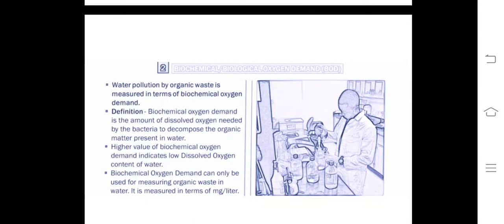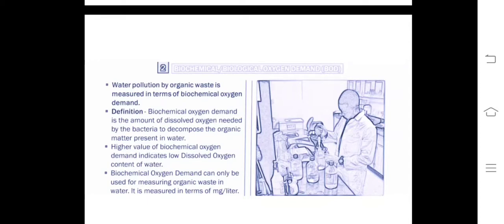Whatever pollution you have because of the decomposition of organic matters can be measured in terms of your BOD, biological oxygen demand. Because in order to decompose organic substances, you require oxygen. That's why biochemical oxygen demand: how much oxygen is required by your microorganisms in order to decompose organic matter.